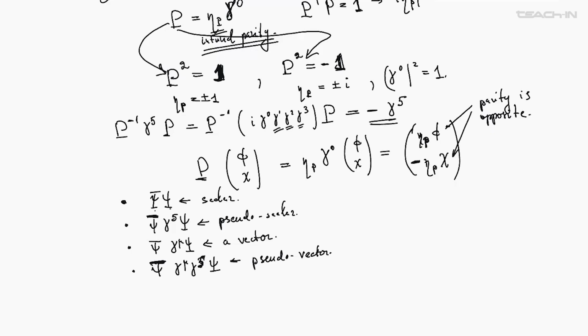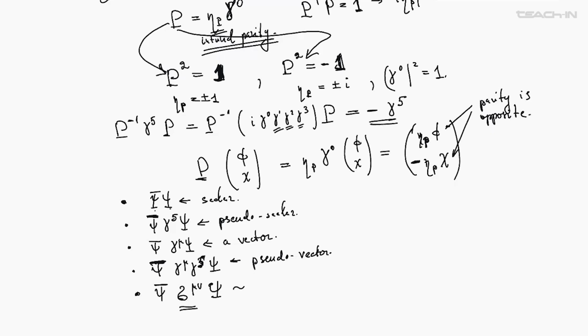Finally, we can have a bilinear combination of our spinors as psi bar sigma mu nu psi, where sigma mu nu was that antisymmetric tensor I introduced among the 16 possible matrices which we can construct from our gamma matrices. You can see that this object transforms as an antisymmetric tensor.